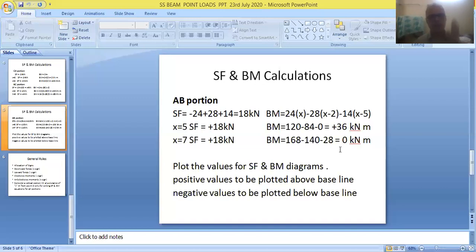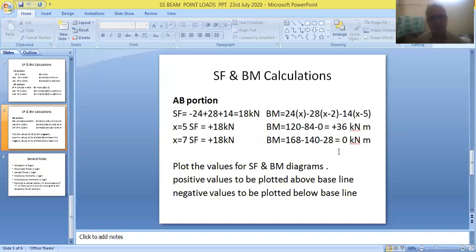So friends, divide the beam into different portions, starting from the right side of the beam and proceeding towards the left side of the beam. That is very, very important. Allocation of symbols is very, very important: plus symbol for downward forces and minus symbol for upward forces.